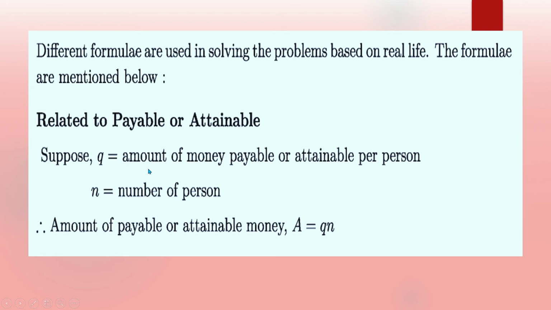Suppose Q is the amount of money payable or attainable per person and N is the number of persons. Therefore, the amount of payable or attainable money equals Qn, denoted by capital A. That means Q times N.